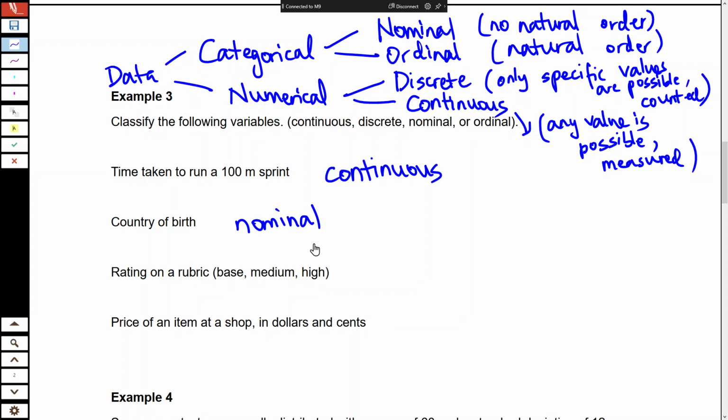So, yeah, nominal. For a rubric, base, medium, and high, we don't use rubrics in maths, but I imagine you use them in English and some of your other subjects. Clearly, there is a progression or order going from base to high. So this time the categories have a natural order, and that would make this ordinal data.